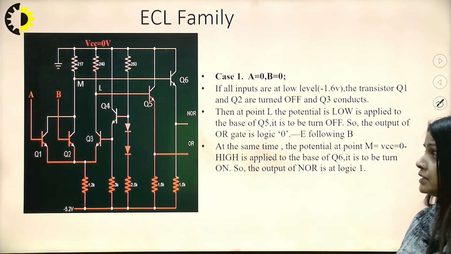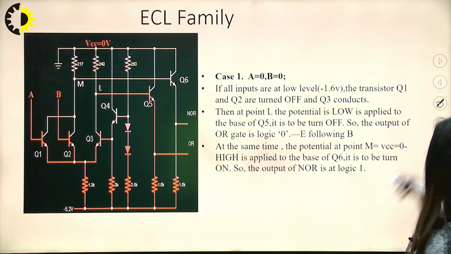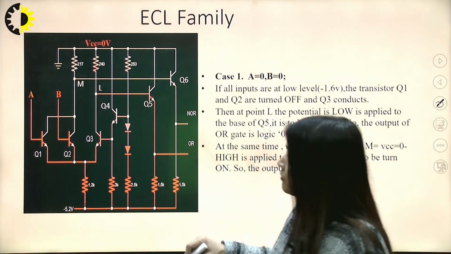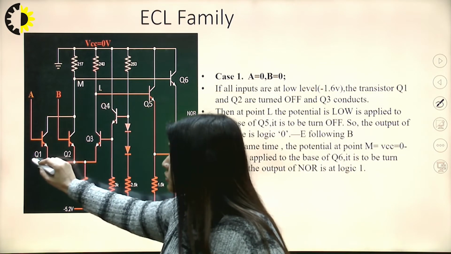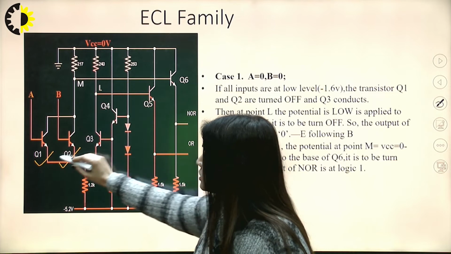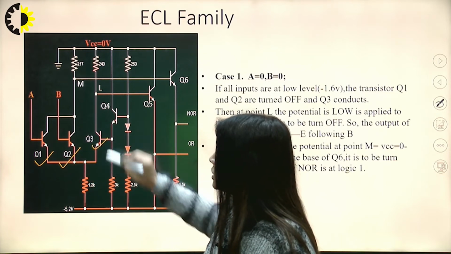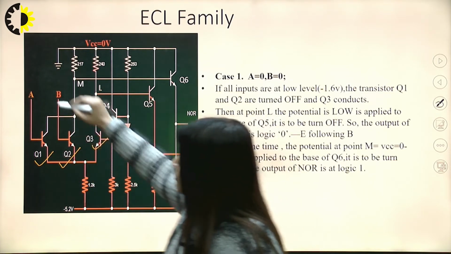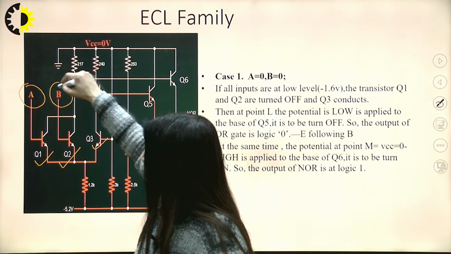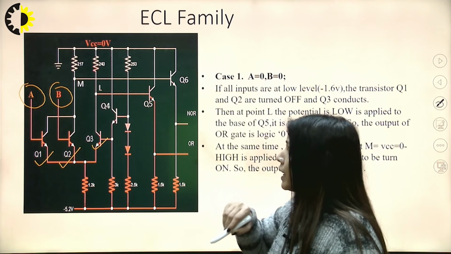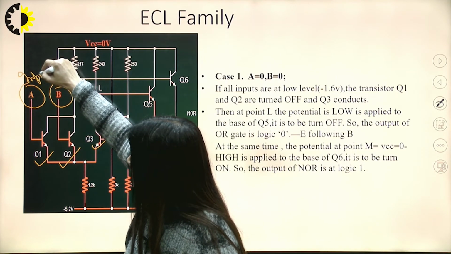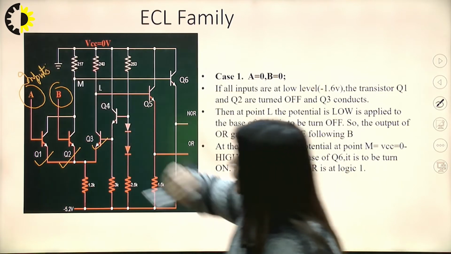Now let us discuss the ECL circuit. Here we can see various transistors. In the figure, there are many transistors, Q1, Q2, Q3. Here the input A is being given and input B is being given in the circuit.